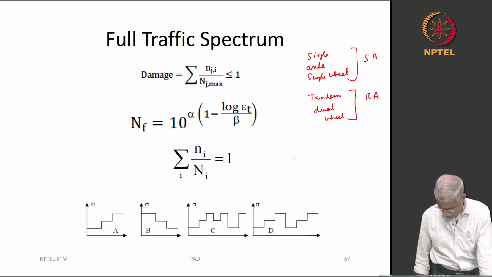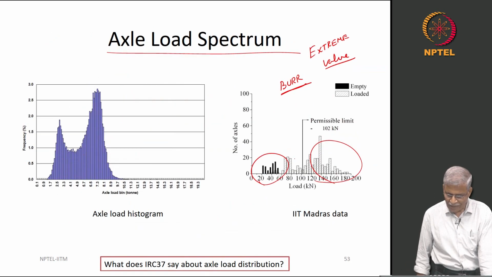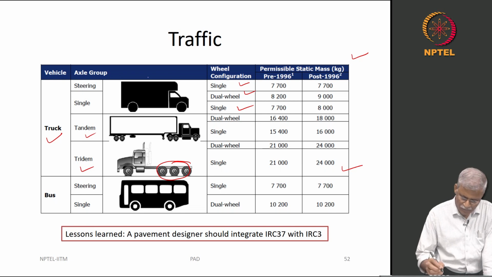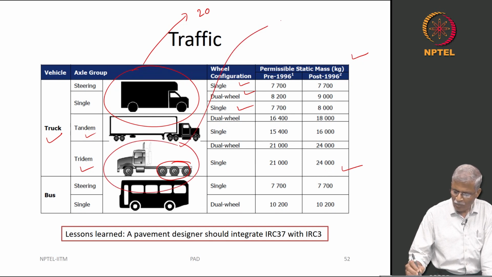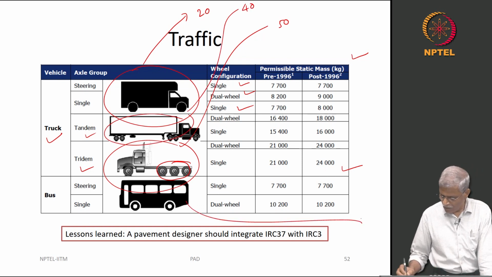For each of these, or maybe you can just take a look at this picture, let us say there are going to be 20 repetitions, and let us say there are going to be 50 repeats, and then let us say there are going to be 40, and let us say there are going to be 10 repetitions.